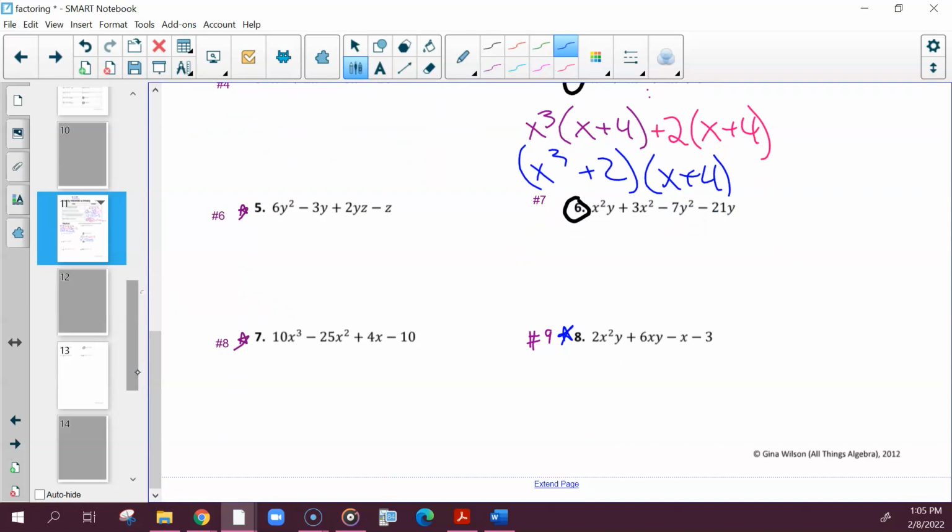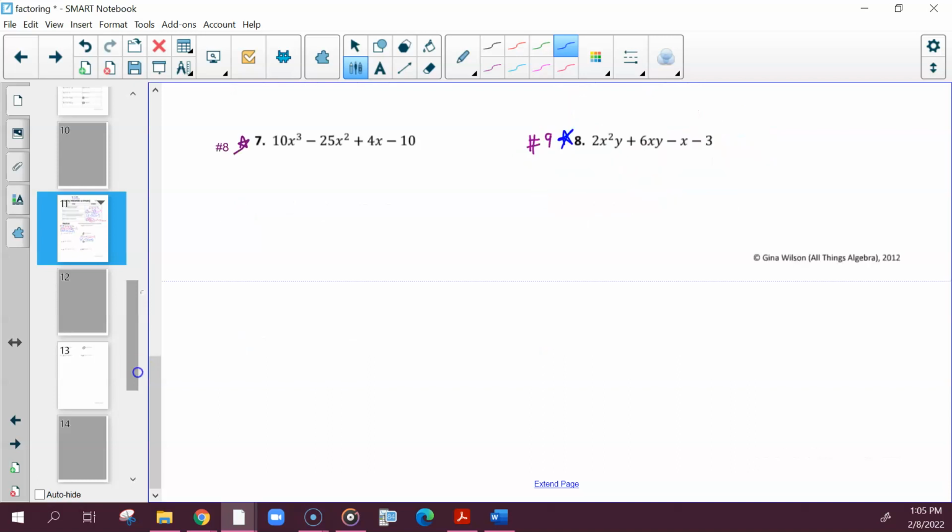Let's do number 8, and then we'll do one on the back, and then I'll let you guys try some. For number 8, what could we divide out of the first two? 2, yeah. You guys can join in, it's not a one-person thing.